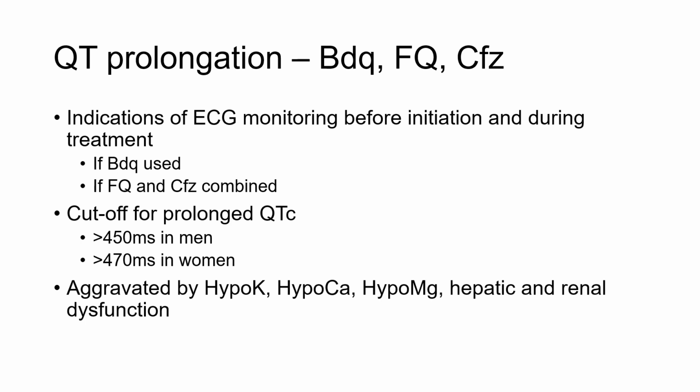And what are the cutoff for calling a particular QT interval or corrected QT interval as prolonged? For men it is 450 millisecond, and for females it is more than 470 millisecond. And hypokalemia, hypocalcemia, hypomagnesemia and hepatic and renal dysfunction can aggravate this QT prolongation and increase the chances of a patient landing up in Torsades de Pointes.